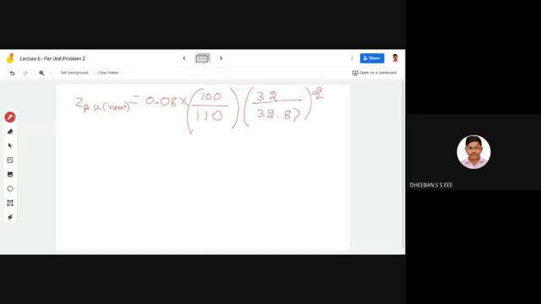So the value we will be getting for Z per unit new is around 0.0689.